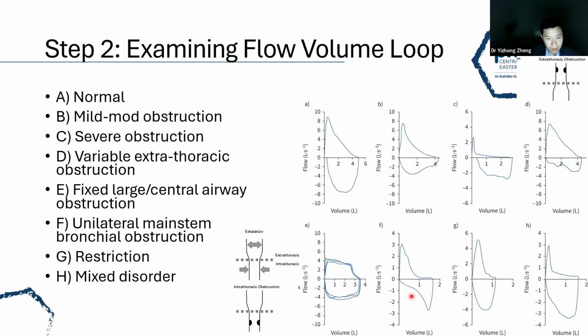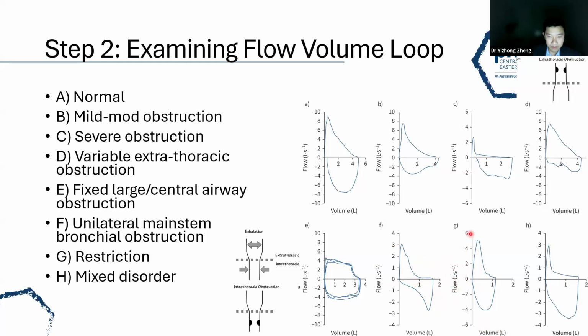And then in E, you have fixed large central airway obstruction, where you have the truncation of the expiratory loop. And that might look familiar if you recall the case that we just presented at the start of this spirometry interpretation. If you have a fixed large central airway obstruction, you get this appearance. You hopefully won't see that very often. And then for a unilateral bronchial obstruction, you have this appearance.